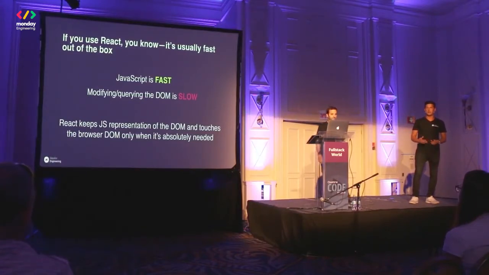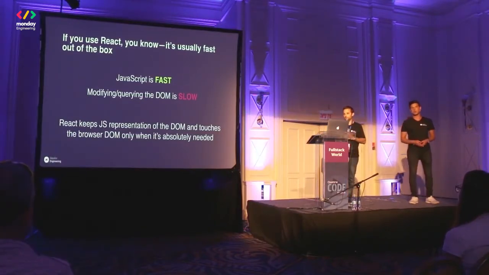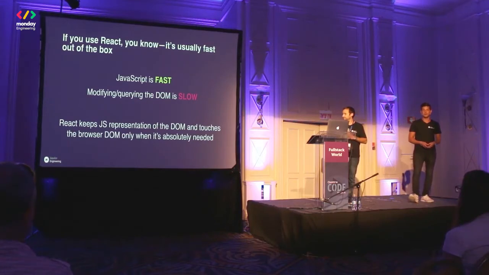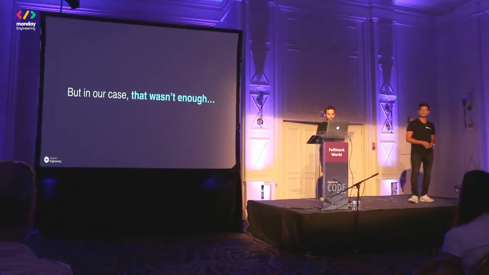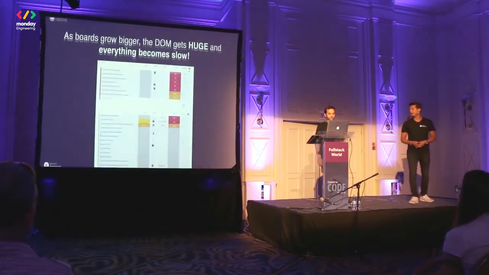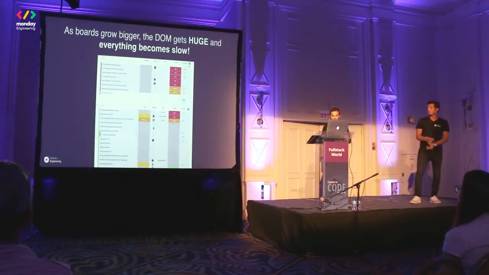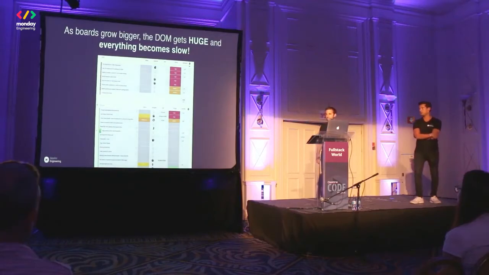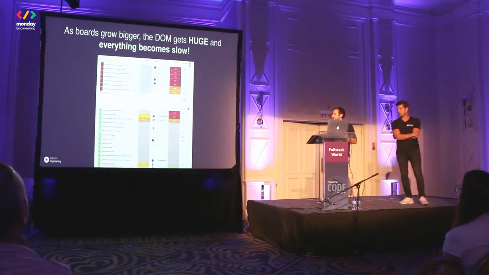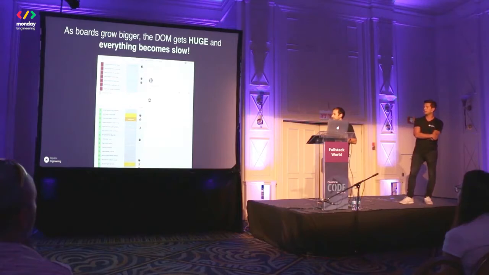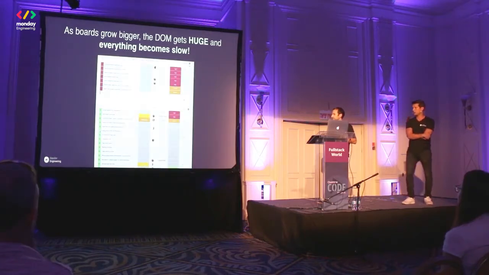You write what will be the resulting DOM for each component, and then the library takes care of modifying and querying the DOM only when needed. But in our case, it wasn't enough. You can see in this example that in a huge board with thousands of items, when we click on a pulse, hover over a pulse, or select a pulse, all the CSS and JavaScript animations become really slow.